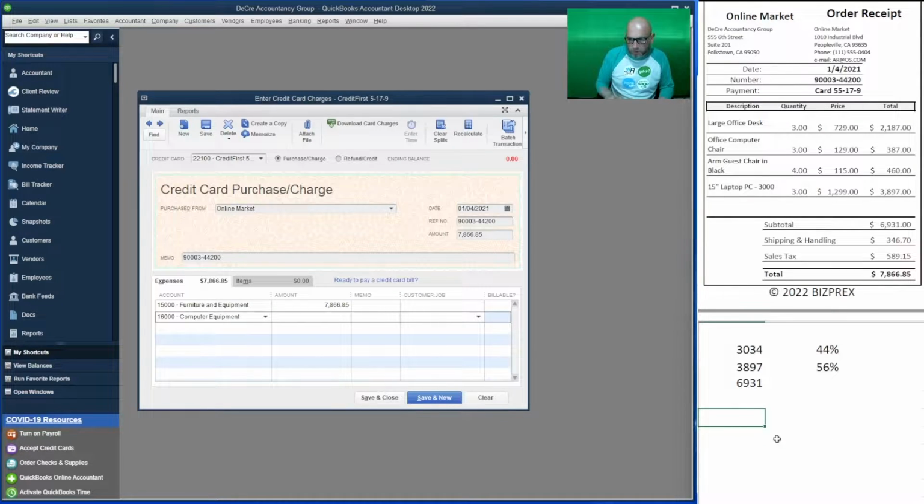Okay. So shipping and handling is 346.70 plus 589. Okay, that's our shipping and handling. And therefore, we can go ahead and allocate it right here. Just do this.